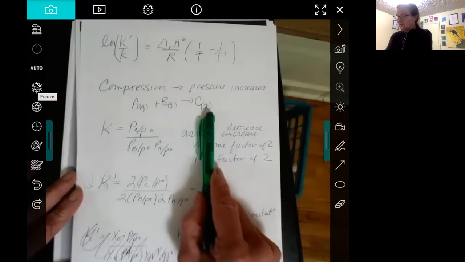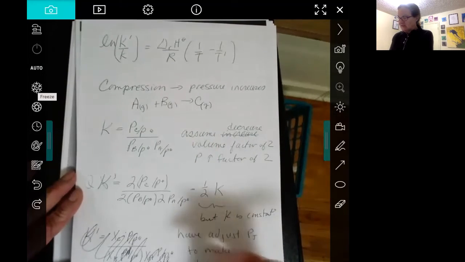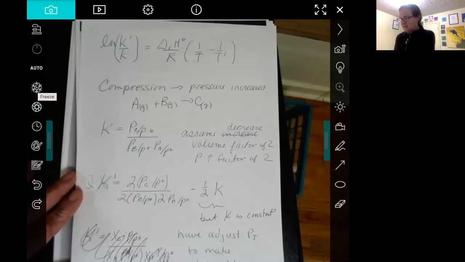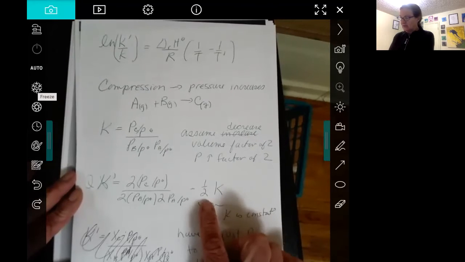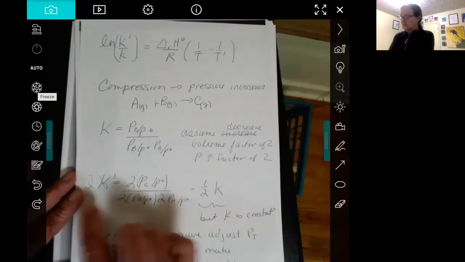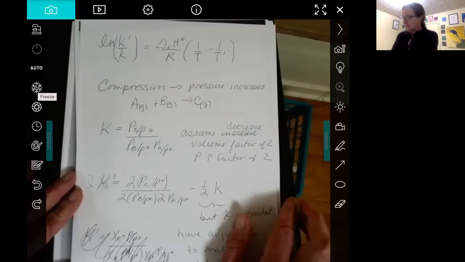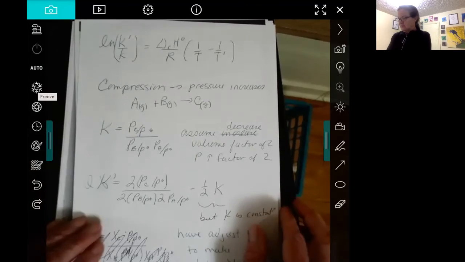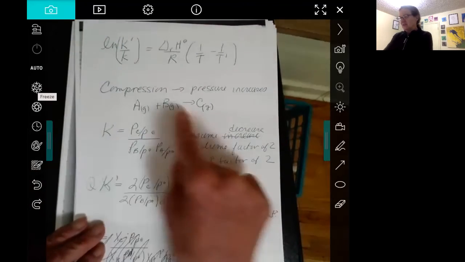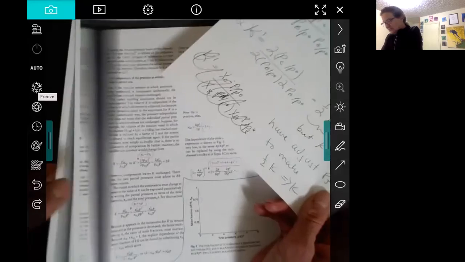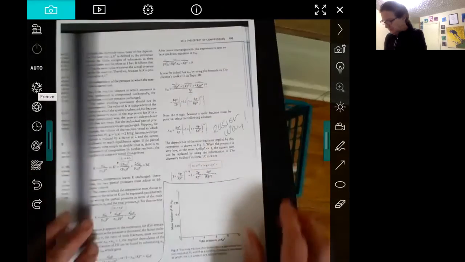If we would have had 2 moles of product and 1 mole of reactant, then we would have ended up with the opposite situation. Q would have been 2 times the old K, and then it would have had to adjust in the opposite direction. So you really have to think about it in reference to the stoichiometry. So this particular derivation isn't that useful because it's looking at it in reference to one particular reaction.